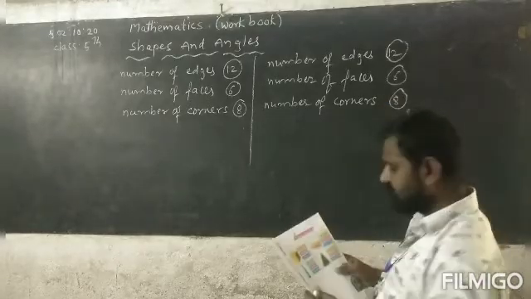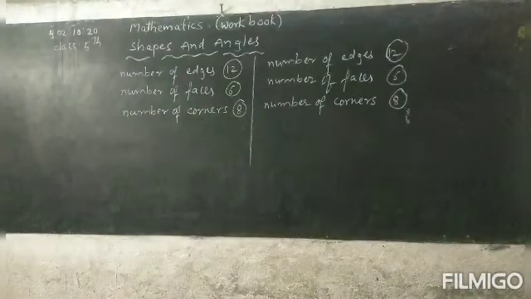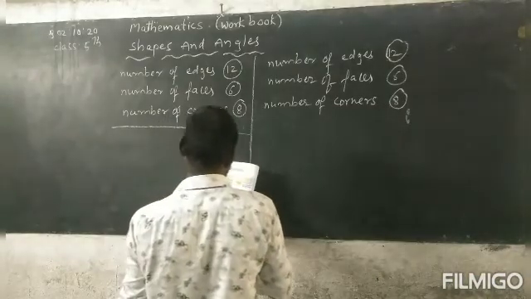Now second row, first one. That is called a cylinder. Second row, first one, beta, cylinder. Number of edges.